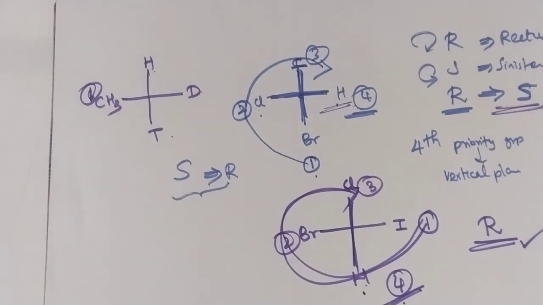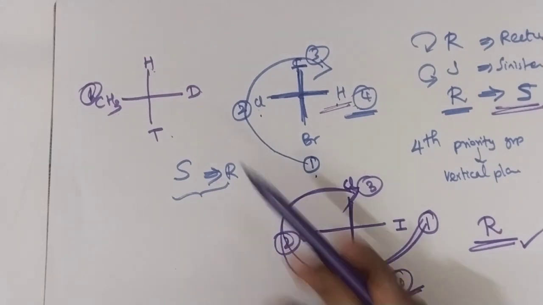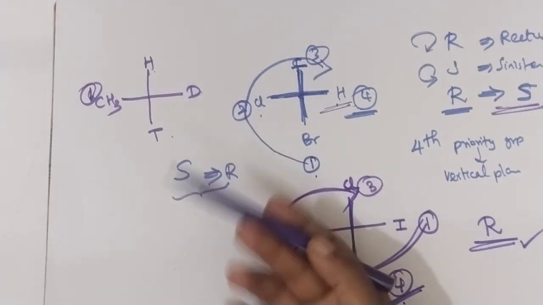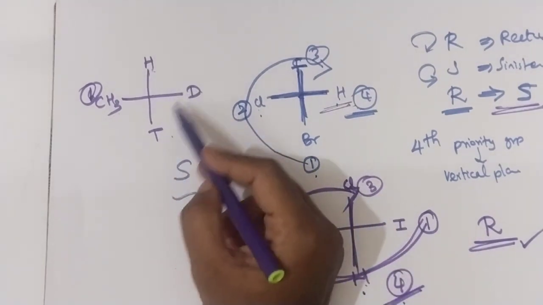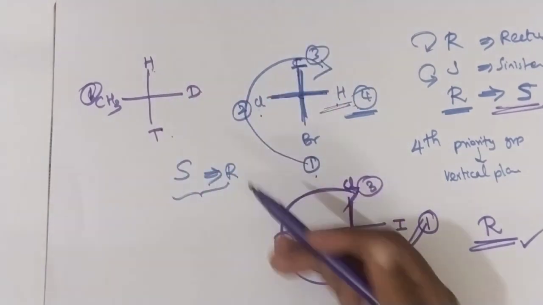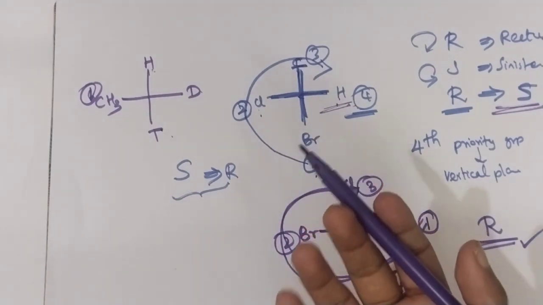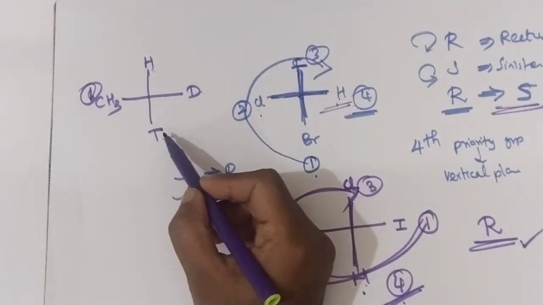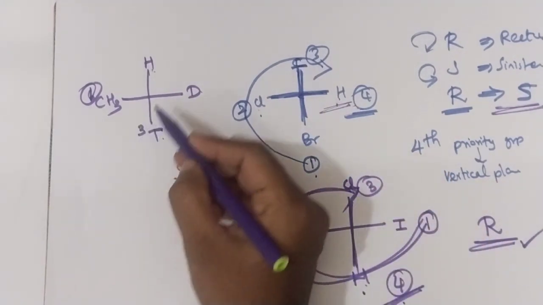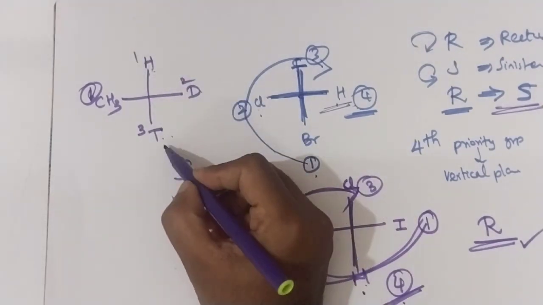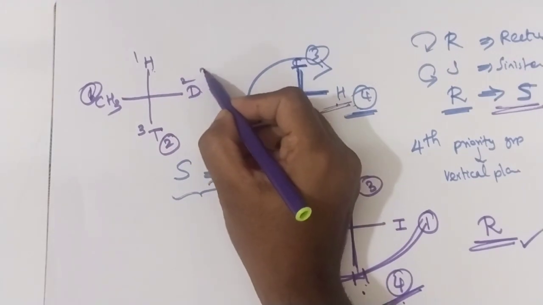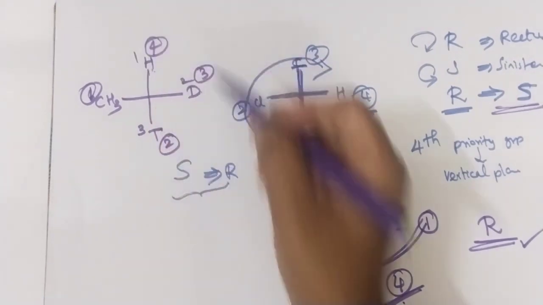So if they have the same atomic number, you have to look at the mass. Which has higher mass here? It is tritium, right? Tritium means mass number 3, and here it is 2, here it is 1. So the priority should be given to tritium, then deuterium, and last hydrogen.